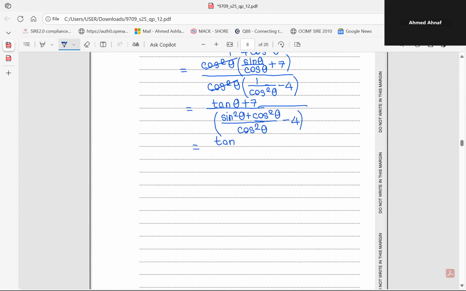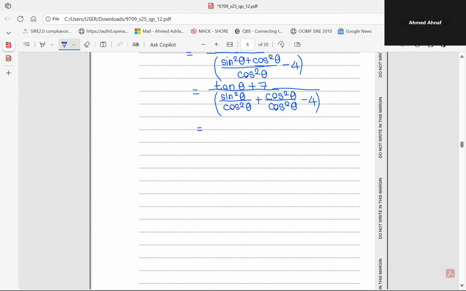And now we're going to simply split this fraction up. So we'll get sine square theta over cosine square theta plus cosine square theta over cosine square theta minus 4.